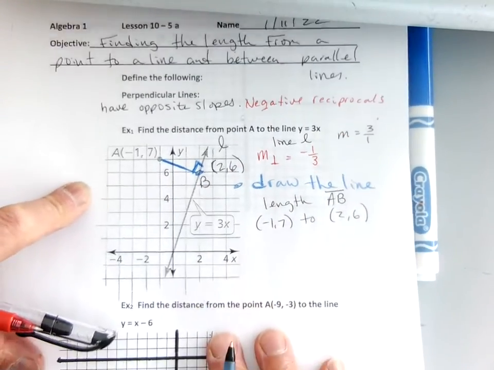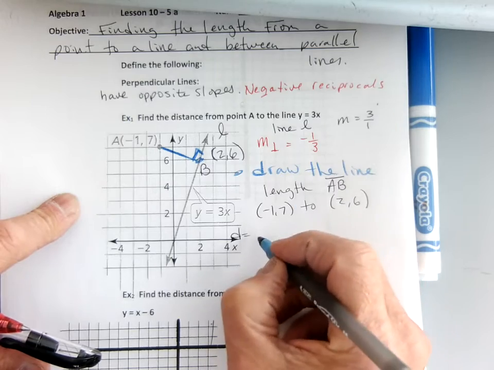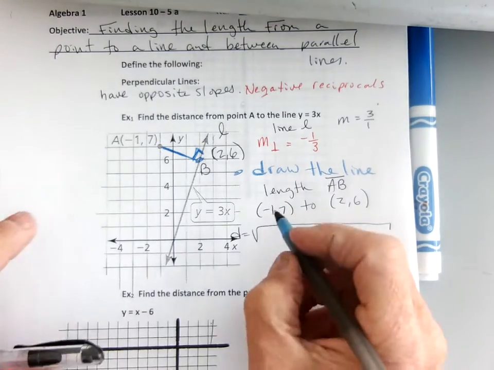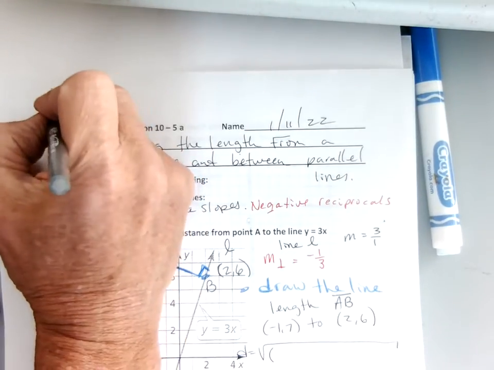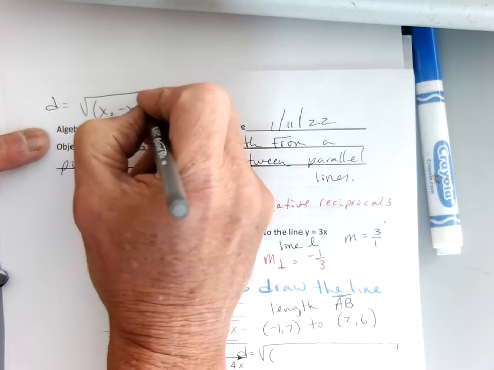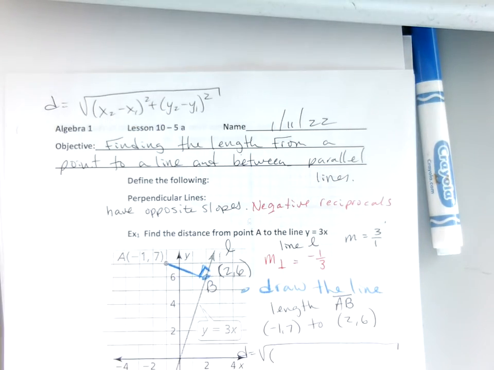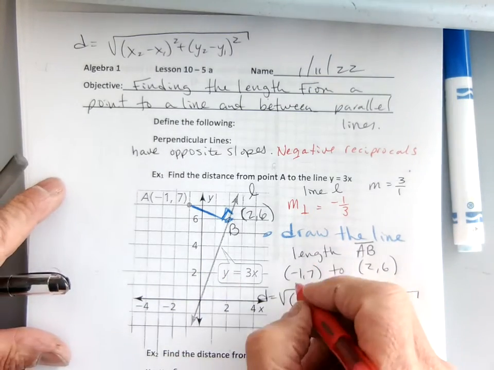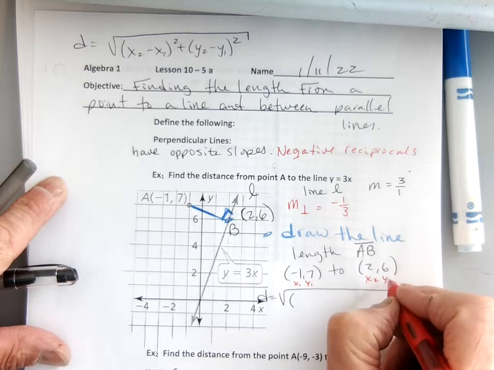Well, I'm just going to use my formula, right? Distance equals, or you can make a right triangle. If you like the right triangle way, just use the right triangle. Let me write the formula down so you have it in your notes. First point, x1, y1. Second point, x2, y2.